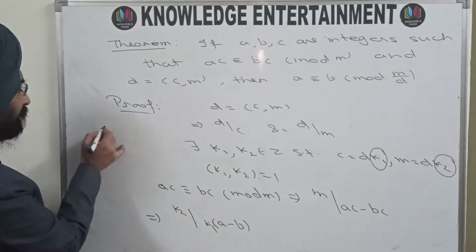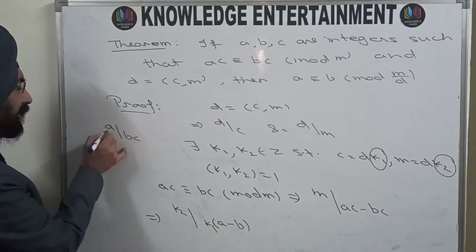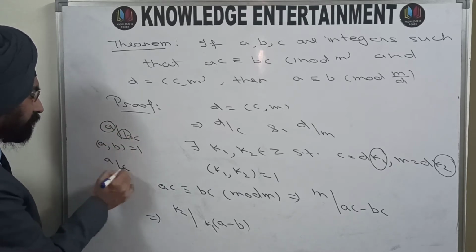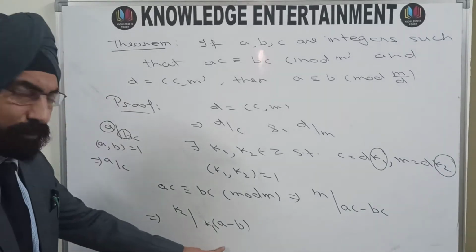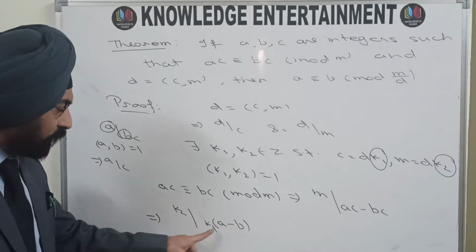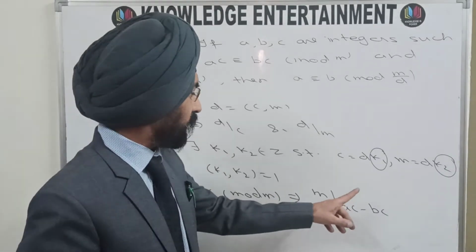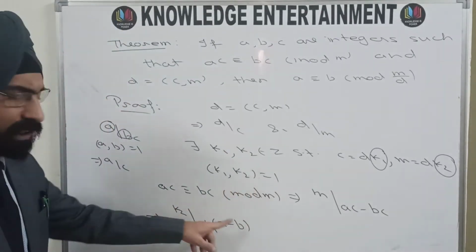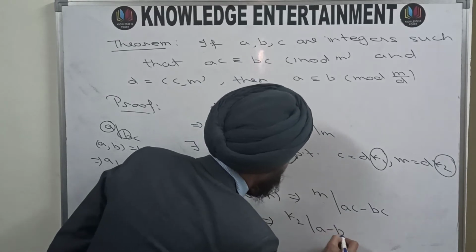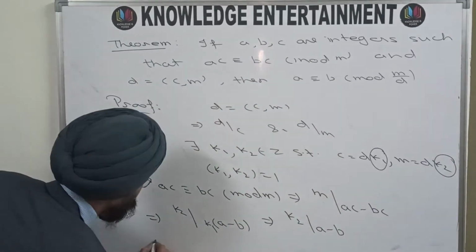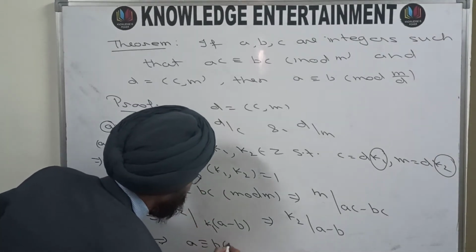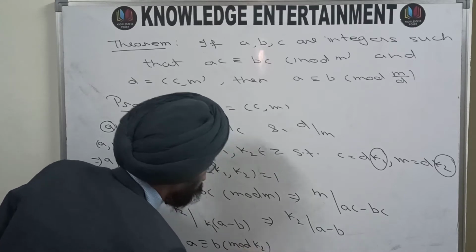But we know that if A divides BC and GCD of A and B is 1, then A divides C. Here the same condition is there. K2 divides K1 times A minus B. But what about the GCD of K2 and K1? The GCD of K2 and K1 is 1. So K2 must divide A minus B. And from here, using the definition of congruences, you can write A is congruent to B modulo K2.